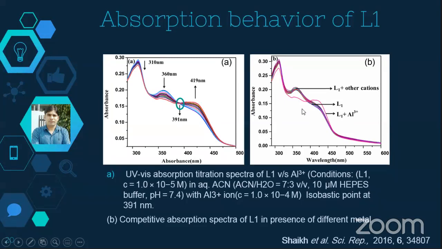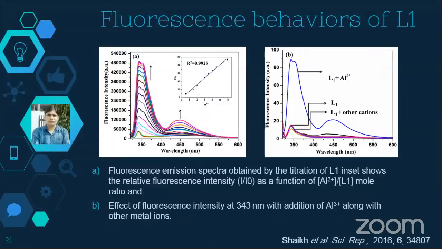When we added aluminum, you can see a very prominent change in the UV spectra. That means our probe, that is our ligand L1, is very specific to aluminum-3 metal ion. Then after the UV-visible studies, that is absorbance studies, we thought to check whether it shows any fluorescence behavior.